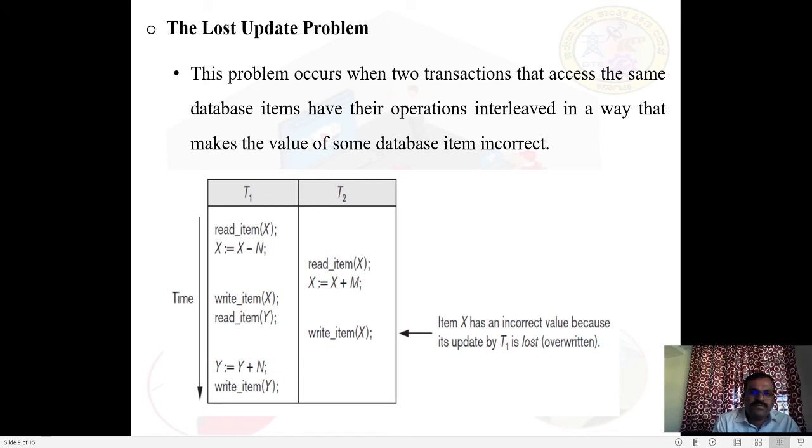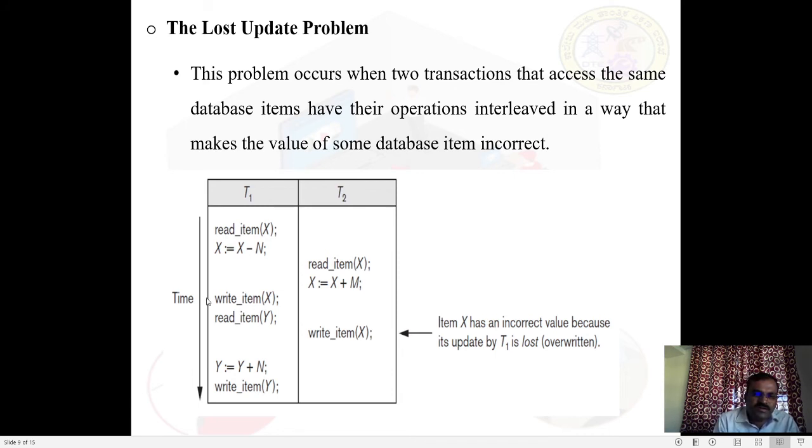The value 84 is written onto the database. But the expected value is 75, and here 84 is written onto the database.